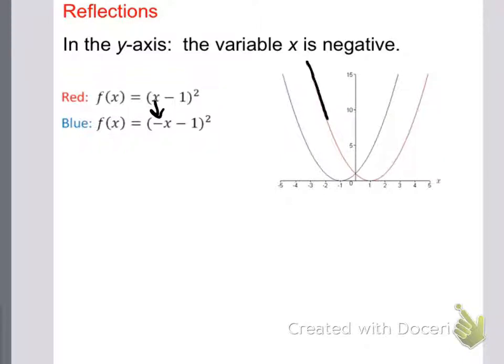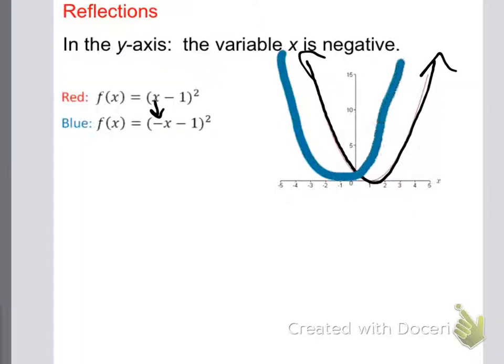So here would be the red, and then here would be the blue. So here's the y-axis. Since x turned to negative x right here, that means that the black graph flipped over to the blue, over the y-axis.